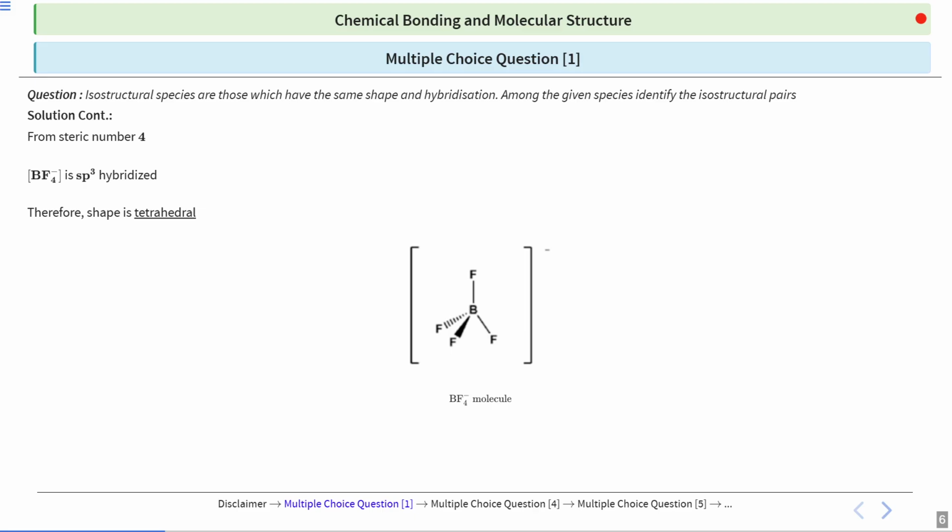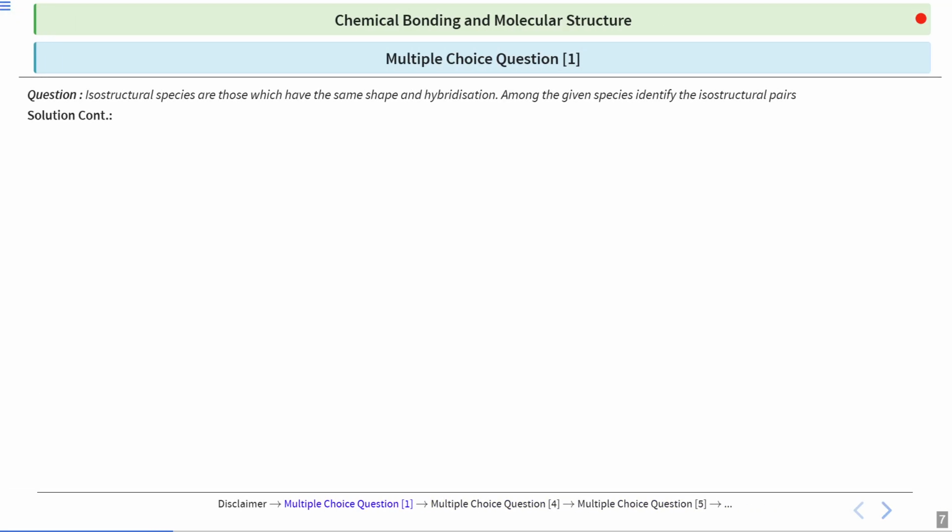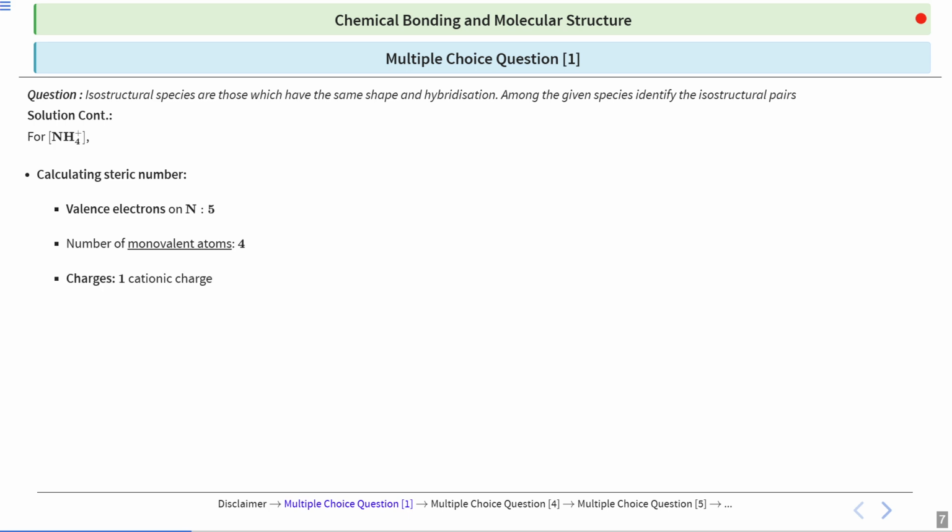Now we will move on to the next molecule. What is that next molecule? It is NH4 plus. Again, we have the formula. If you calculate the steric number, nitrogen will have 5 valence electrons, and it will have bonding with 4 monovalent atoms, and 1 cationic charge is present. So we put V plus M minus C plus A, and all of those values will give you 4 again as the steric number.